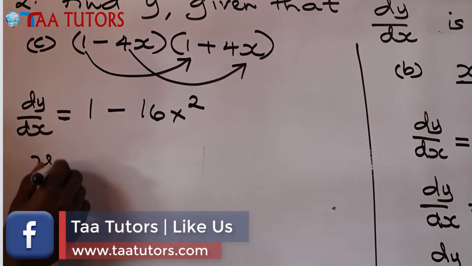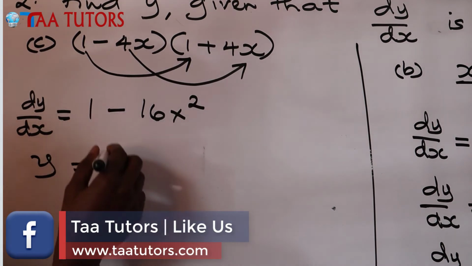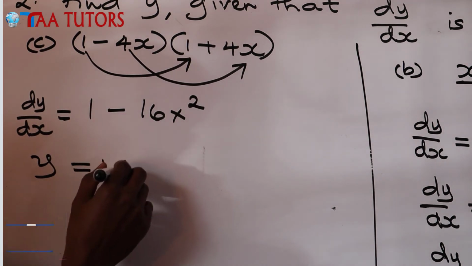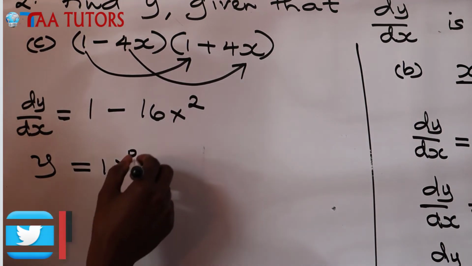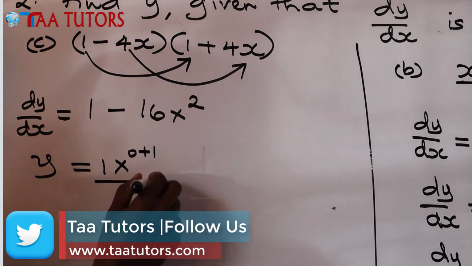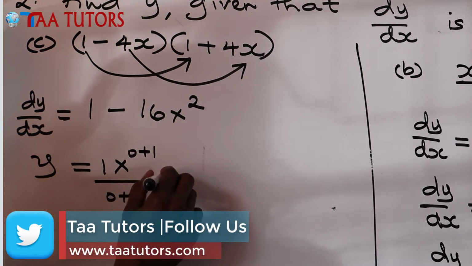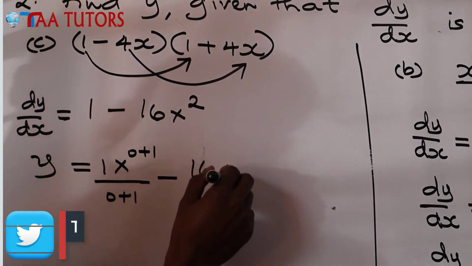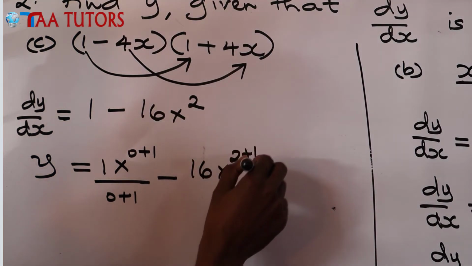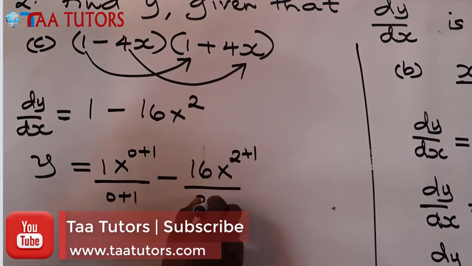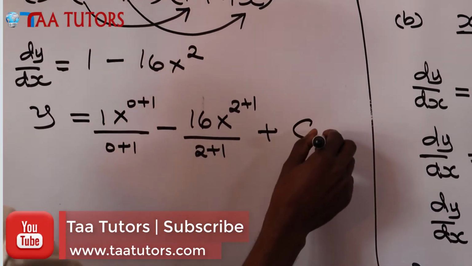So to get y, 1 is the same as 1x power 0, which is going to be 1 over 0 plus 1, minus 16x power 2 plus 1, everything divided by 2 plus 1, then plus c.